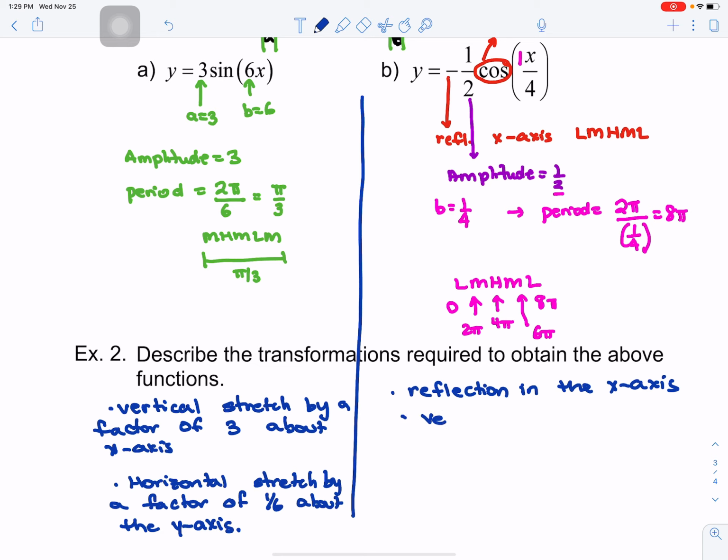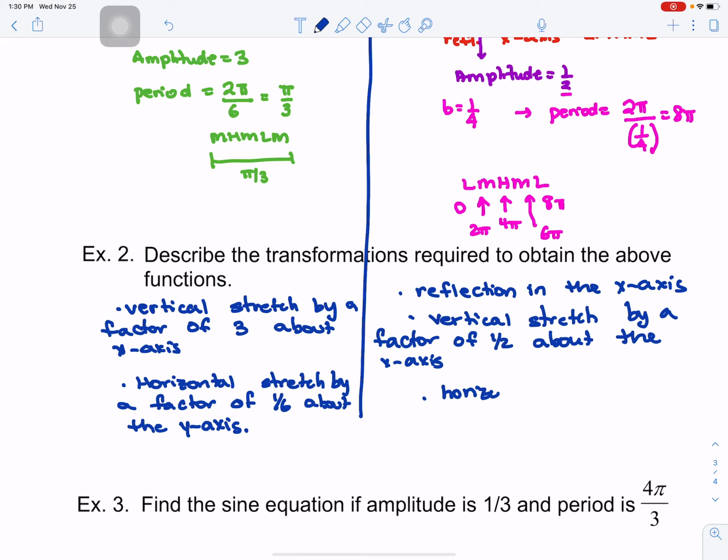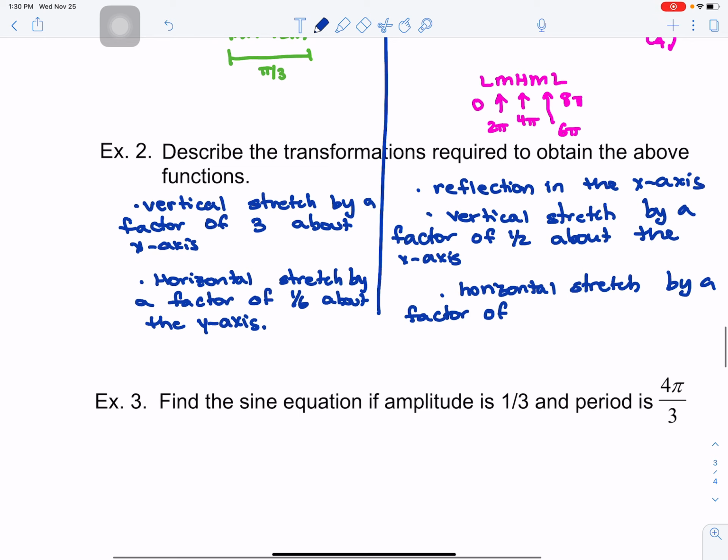I have a vertical stretch by a factor of 1/2 about the x-axis, and a horizontal stretch by a factor of, I look at my B value as 1/4, I take the reciprocal, 4, about the y-axis.